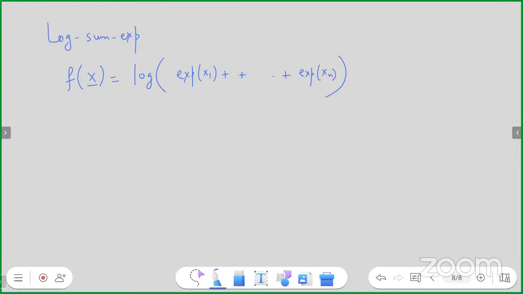Now, with this, what would you expect? Again, you can take just two variables. With a single variable, it's just x1, so that's both convex and concave. But with two variables, what happens? Log of exp of x1 plus exp of x2. What do you expect to happen?